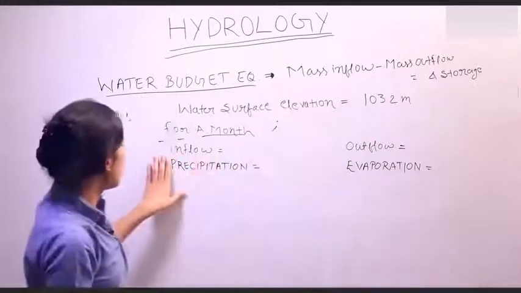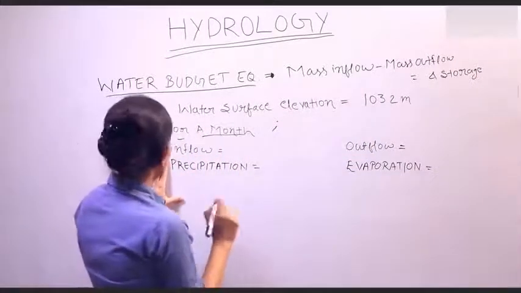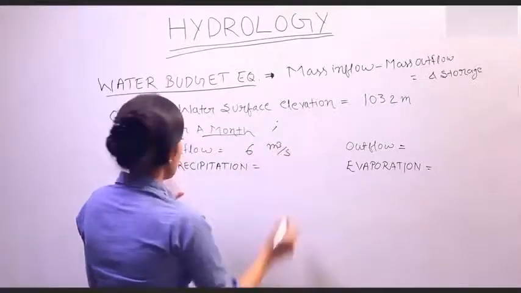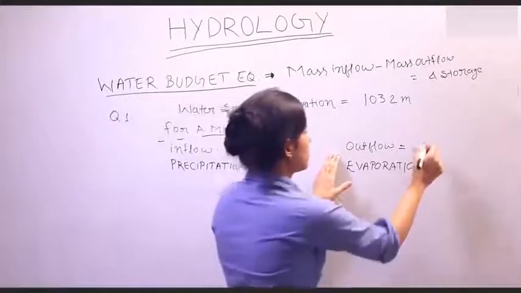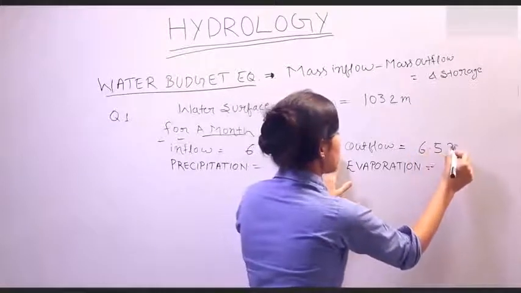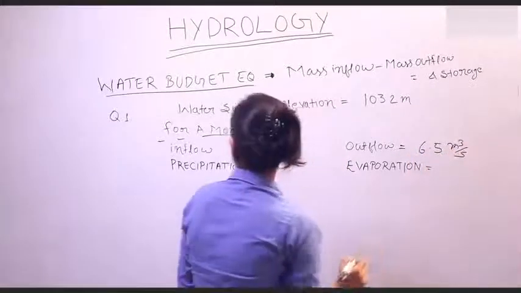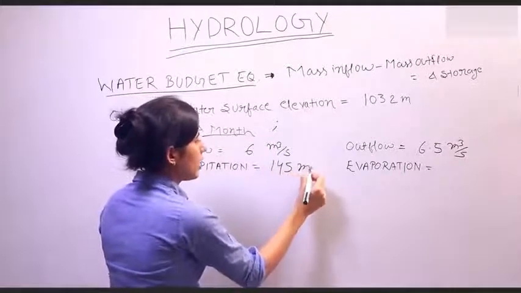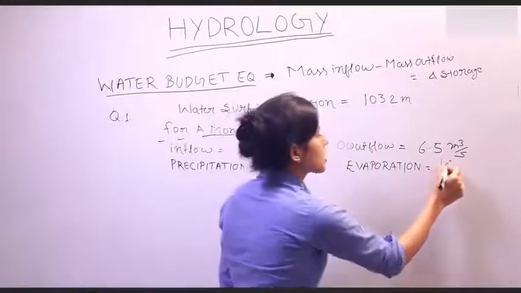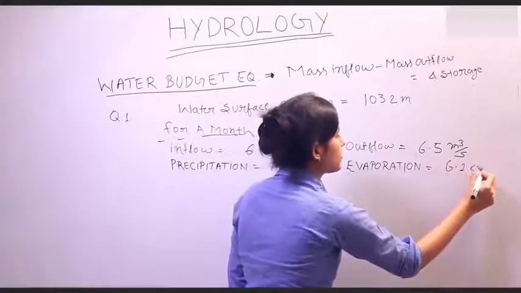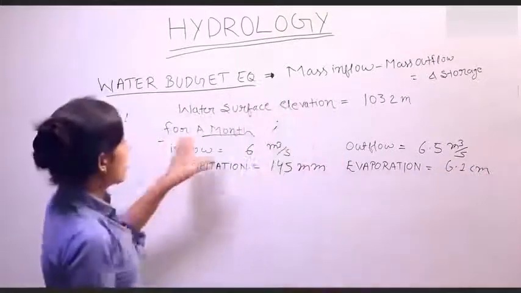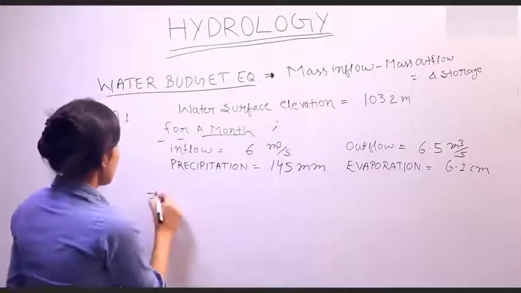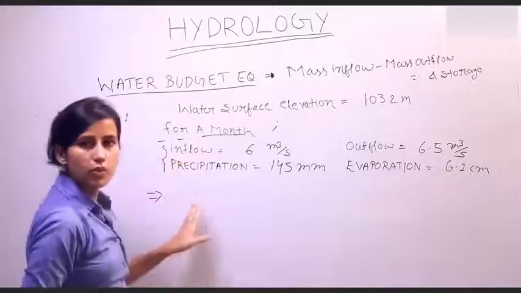For that particular month, let's say inflow is 6 meter cube per second and outflow is 6.5 meter cube per second. Precipitation is 145 mm and evaporation is 6.1 centimeter. Because our water surface elevation is in meters, we should change these units into meters only.